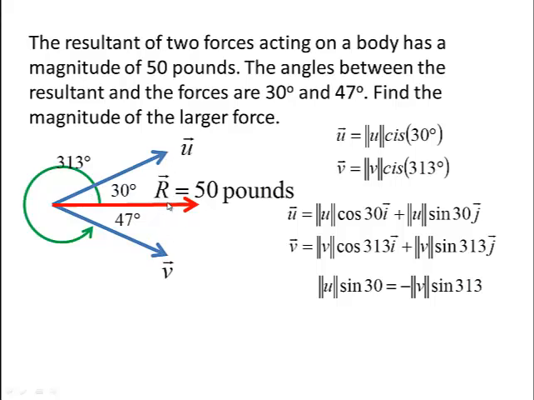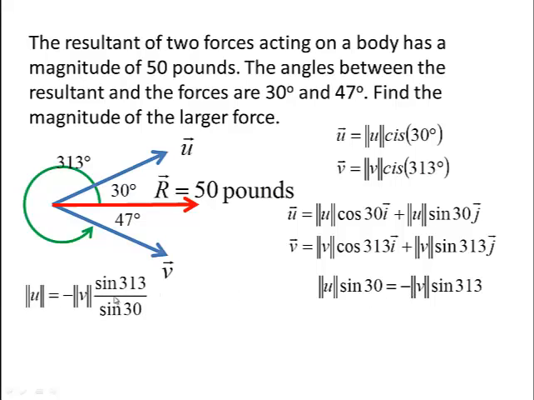Otherwise, this R would not be going straight across, because this R has no vertical movement. It only has all of its movement to the right. None of it's going up and down, so I know the vertical movements have to equal each other. One's pulling up and one's pulling down, so I put a negative sign on here.